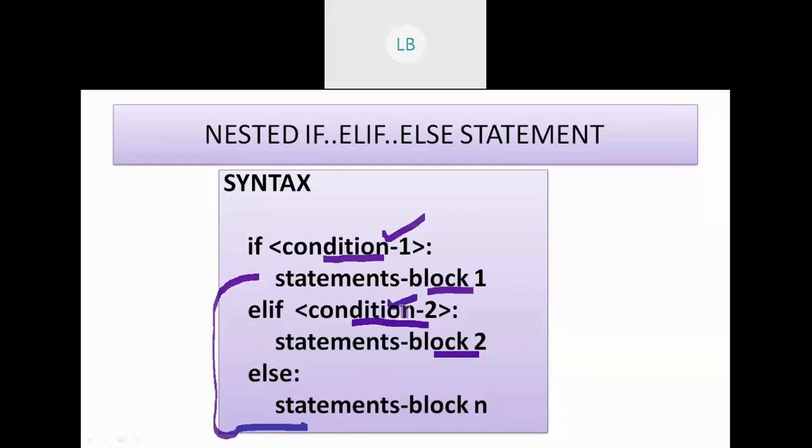If condition 2 is false, then else block n will be executed. So, you have simple if, if-else, and nested if-else statements. Let us see examples for all these things.